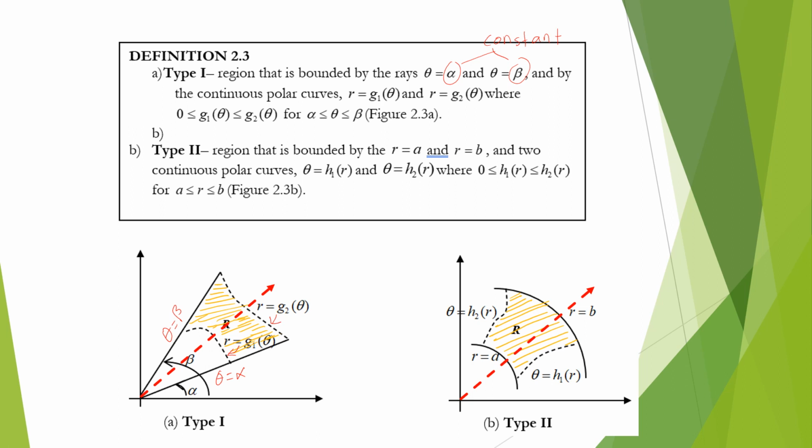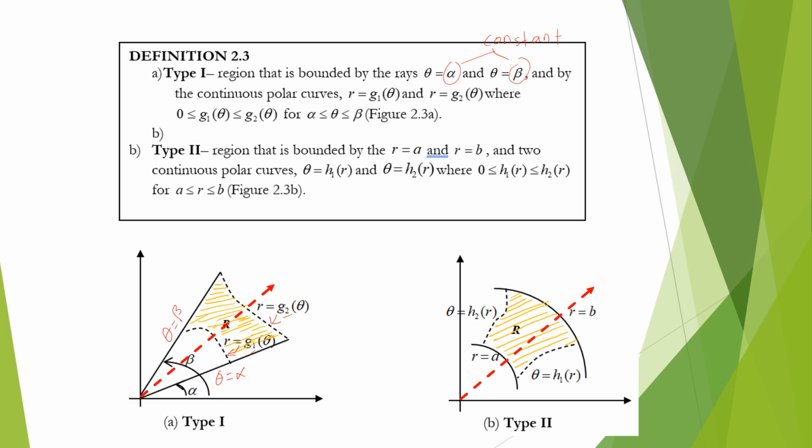So we can see that r is in terms of theta, where we have a function g2 and also a function g1, which are not constant in this case.